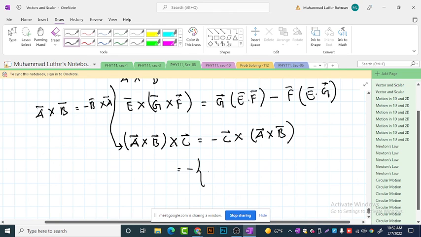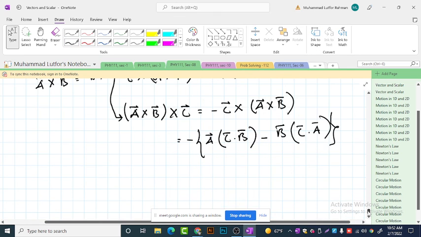I will use the parenthesis 2 1 actually, A to C dot B minus B, C dot A, right? And I will close this bracket over here. I can find it in that way.